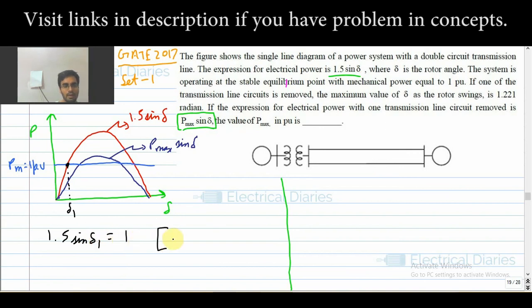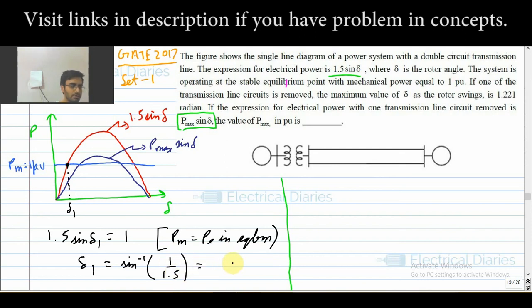Why? As Pm is equal to Pe in equilibrium. So from here I can find this delta 1. It will come out to be sine inverse of 1 upon 1.5, equal to 41.81 degrees, and in radians it will be equal to 0.729 radians.